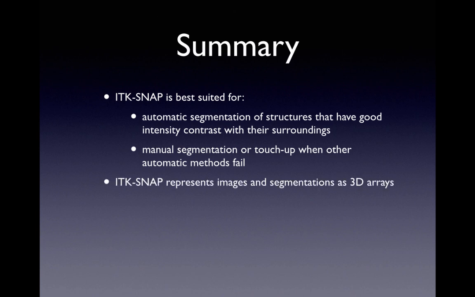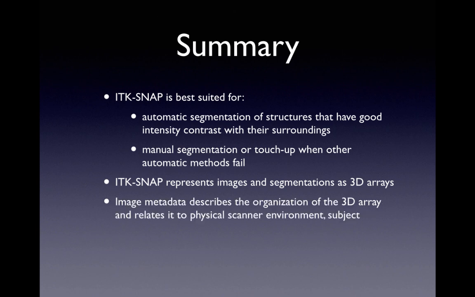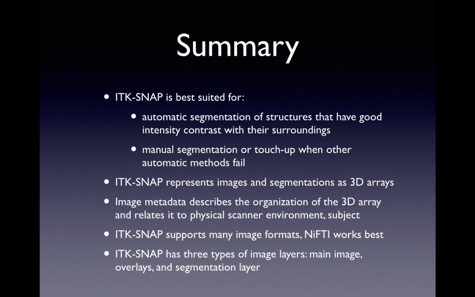ITK-SNAP represents images and segmentations as three-dimensional arrays, and image metadata describes the organization of the 3D array and relates it to the physical scanner, environment, and subject. And ITK-SNAP supports many image formats, but NIfTI is the one that we recommend the most. And finally, ITK-SNAP has 3 types of image layers: main image, overlays, and the segmentation layer.